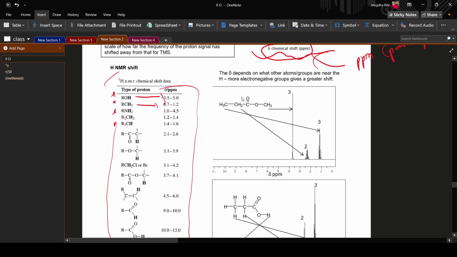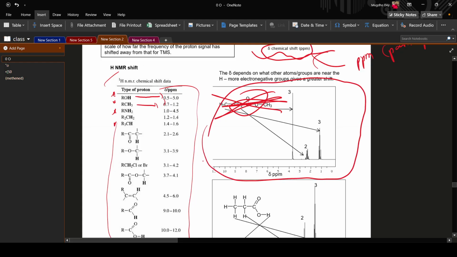At first, they might provide you the structure and ask you to identify the number of unique environments, or they might not provide you this. Instead, they might provide you this spectrum down here. So how many peaks do we have here? Well, we can clearly see that we have 1, 2, 3, if I'm not wrong.